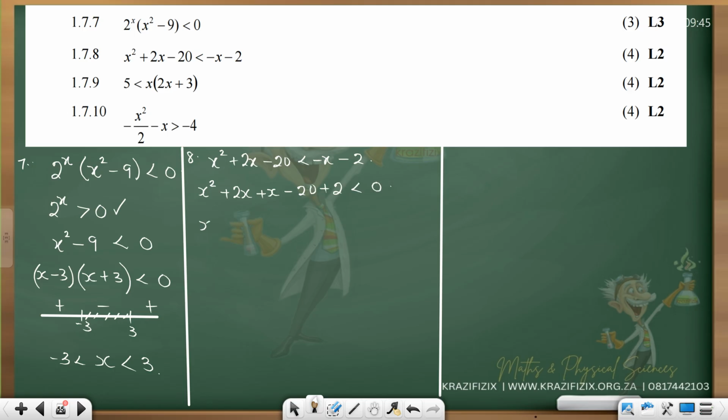Just normal stuff. X squared plus 3x minus 18 less than 0. What are we looking at here? We're looking at a 6 and a 3. Critical values quickly. Smaller number on the left and the bigger number on the right. Standard form, yes. So we're good. Less than 0 is negative, so my answer should lie between.